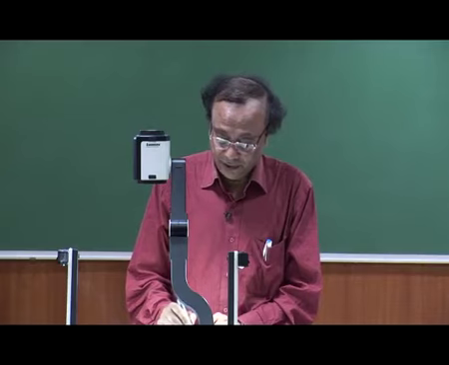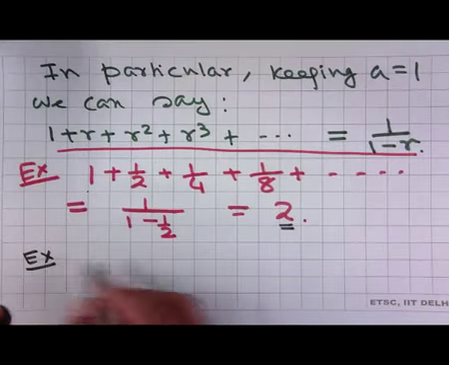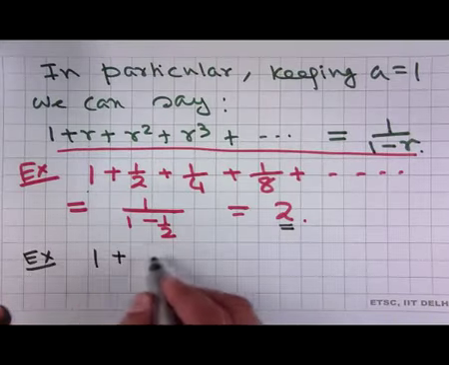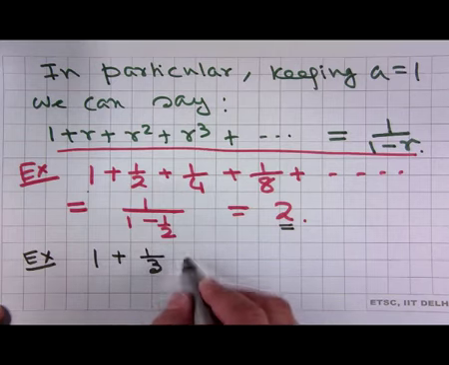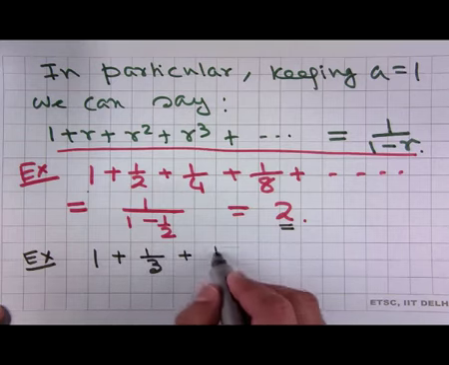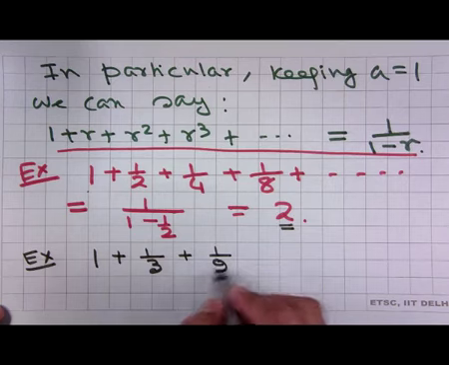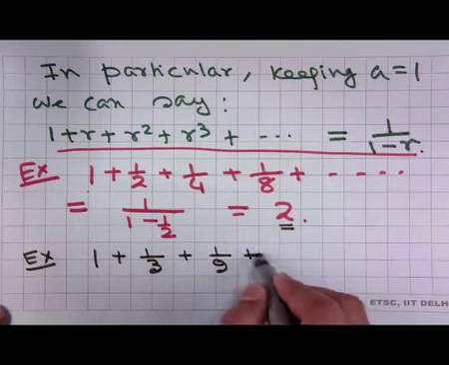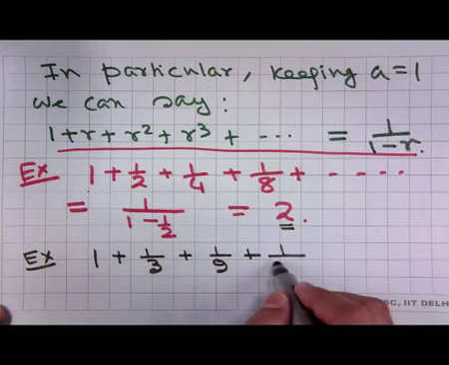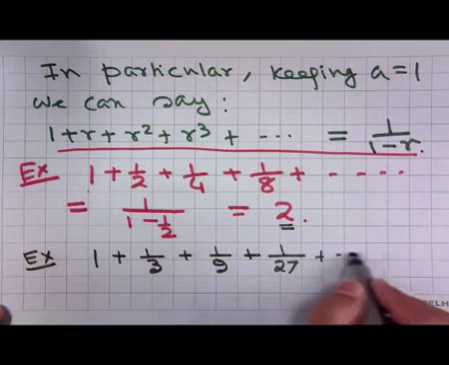In a similar way, what is 1 plus 1 by 3 plus 1 by 9 plus 1 by 27?